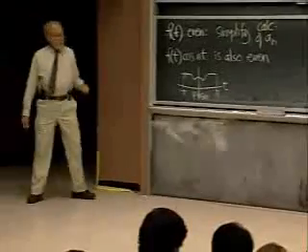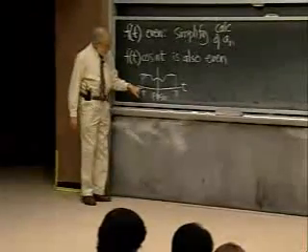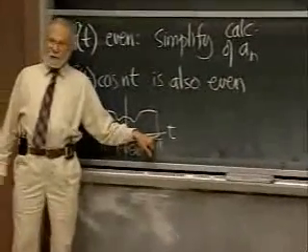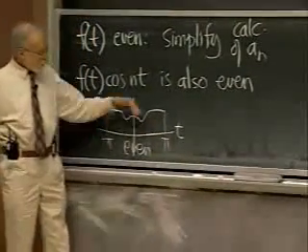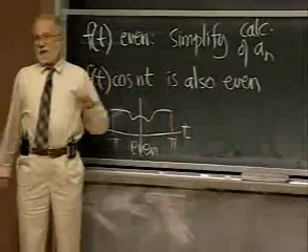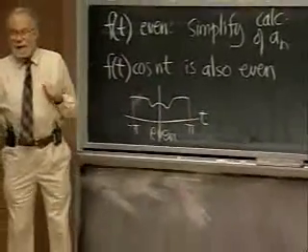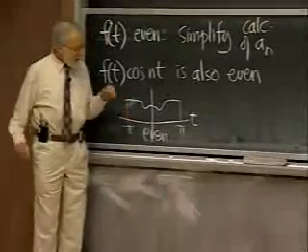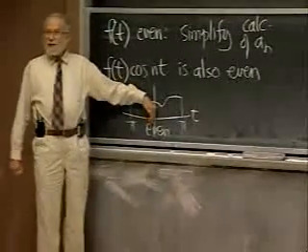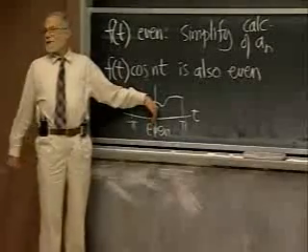The point is that if you integrate an even function from negative pi to pi, I think you all know from calculus you were taught to do this simplification. Don't do that. Instead, integrate from 0 to pi and double the answer. Why should you do that? Because it's always nice to have 0 as one of the limits of integration.